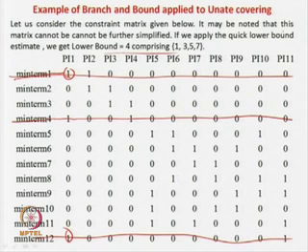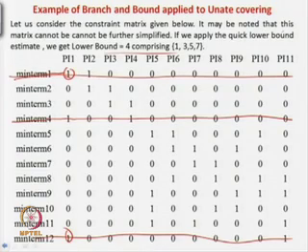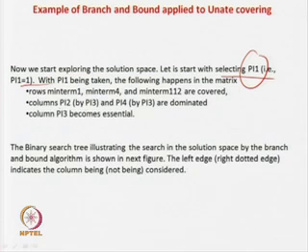Now you can see what happens. By PI1, minterm 1, minterm 4 and minterm 12 get covered, correct? Now you have to see the repercussions. Rows 1, 4 and 12 are covered. Columns PI2 and PI4 are dominated.